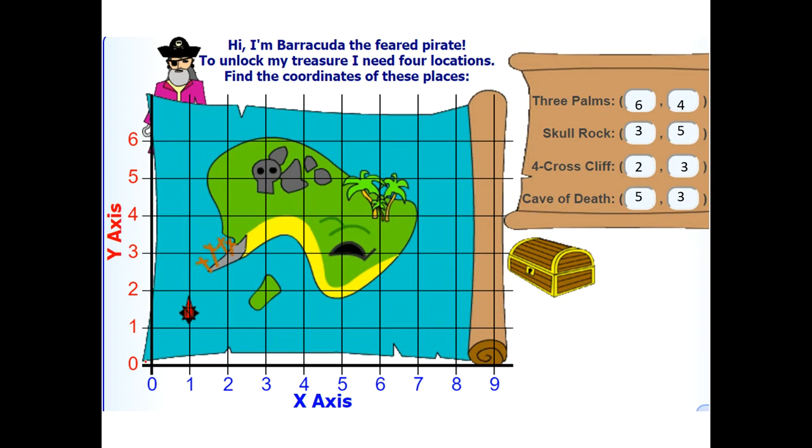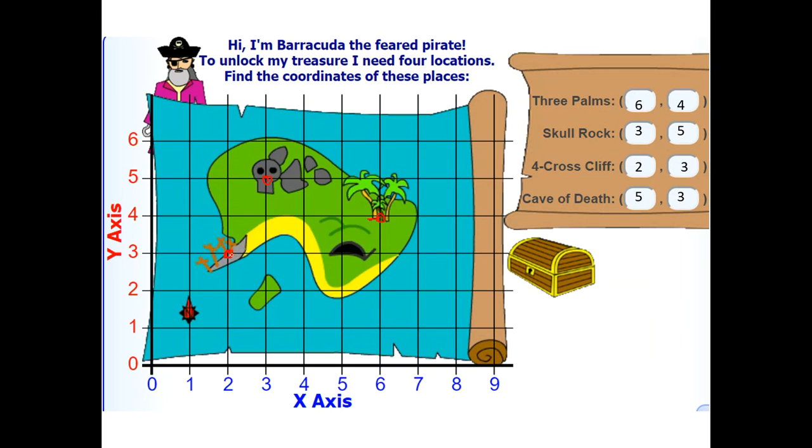I have 3 palms. That's 6 over, 4 up. That looks good. Skull rock, I'm saying it's 3, 1, 2, 3 over, and 5 up, 1, 2, 3, 4, 5. 4 cross cliff, I'm saying is 2 over, 1, 2, and 3 up, 1, 2, 3.